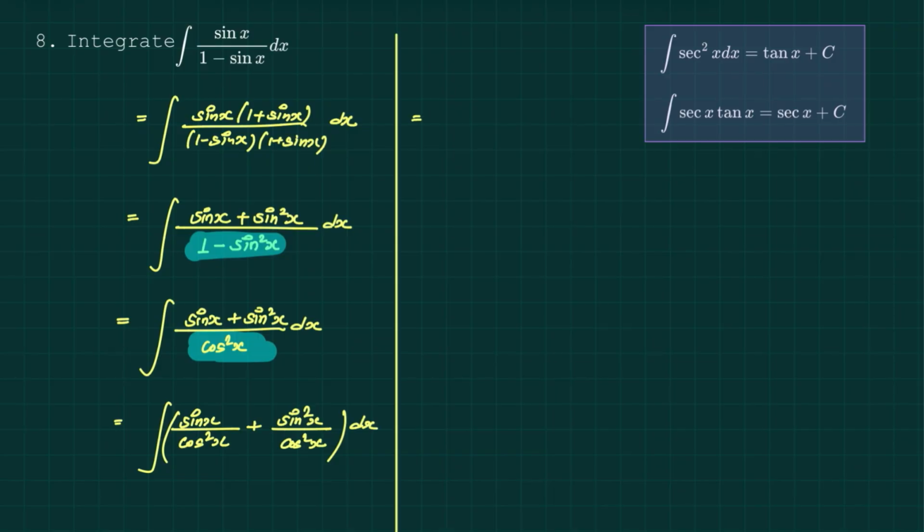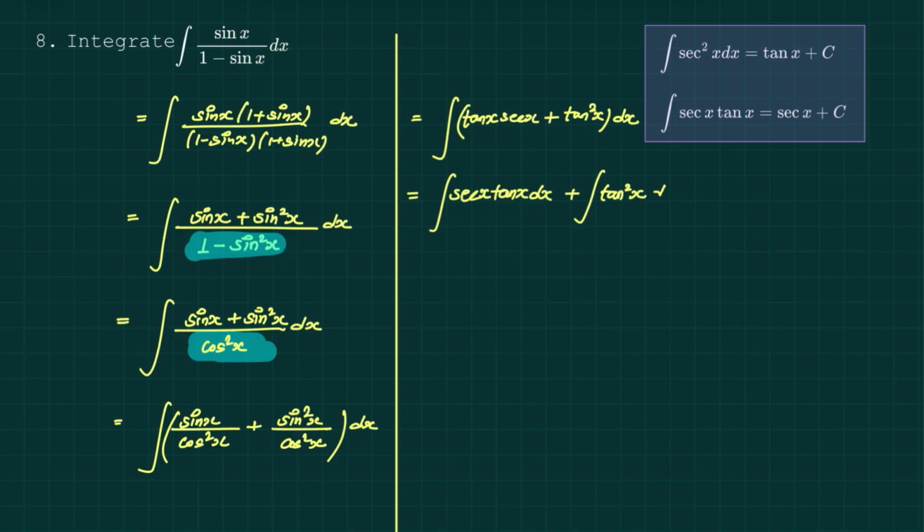So this equals integration of, see, there is cos square x in the denominator, so sin x by cos x can be written as tan x, and 1 by cos x will be sec x, so sec x tan x, plus sin by cos is tan, so there it will be tan square x dx. Now let us separate the integral, then we will have integration of sec x tan x dx plus integration of tan square x dx.